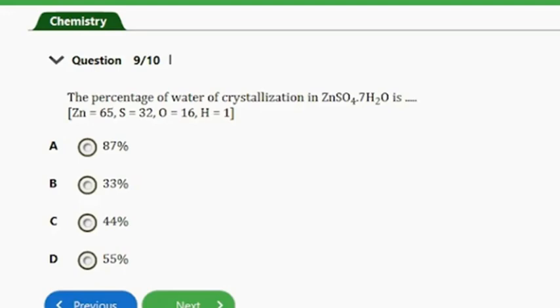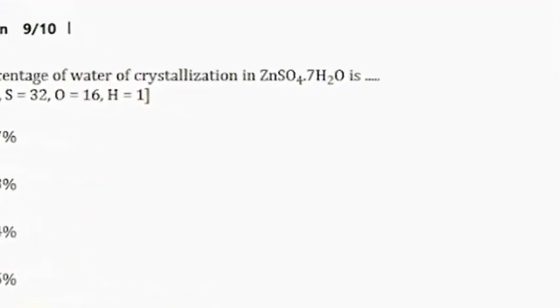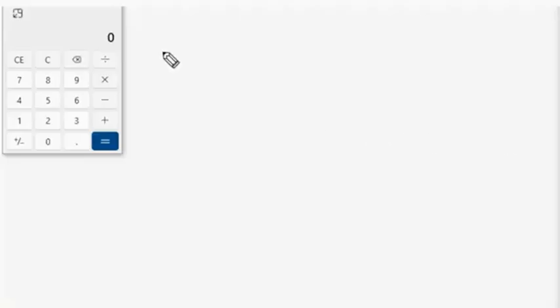Let's just simply zoom into our workspace here and do this together. So zinc has an atomic mass of 65.